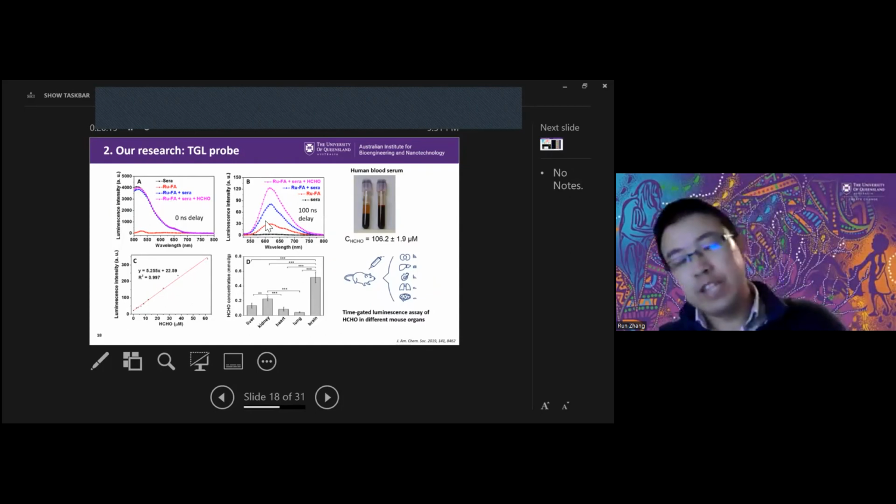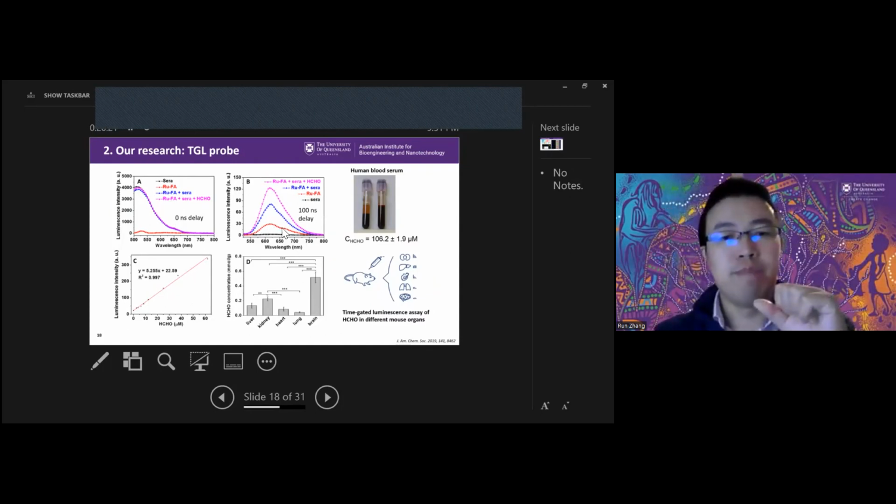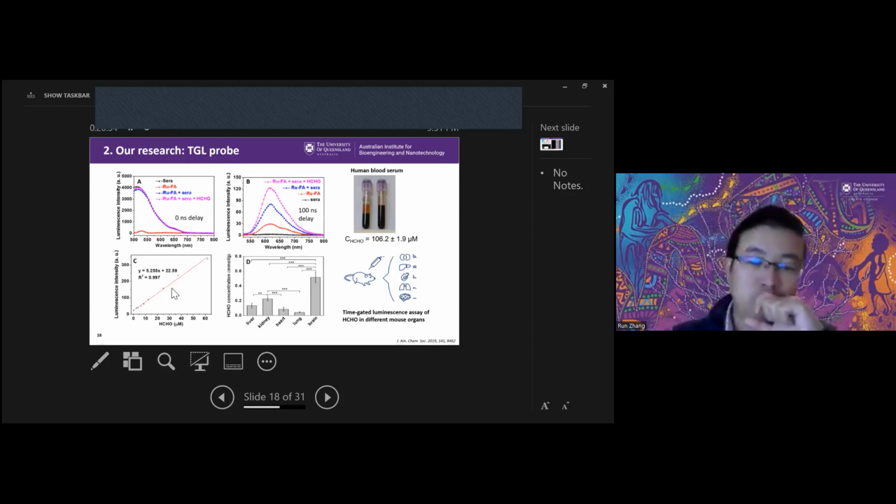But if we introduce a time delay, we can see the background signal was completely removed, and we get the signal of our probes responding to the formaldehyde in the serum samples. We get the standard curve for the quantification, and the concentration of the formaldehyde in the serum is 100 micromolar.